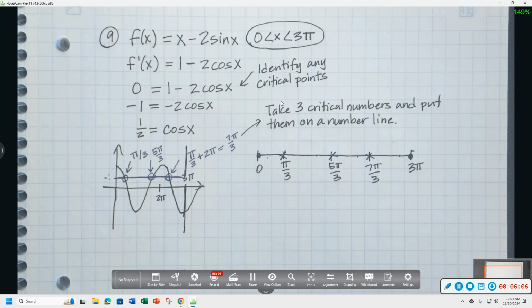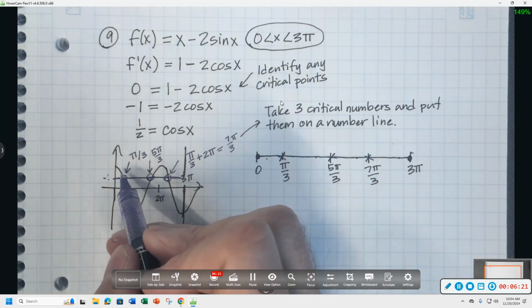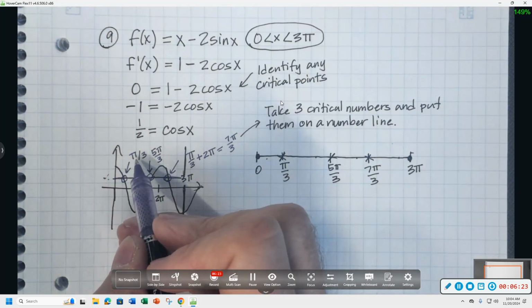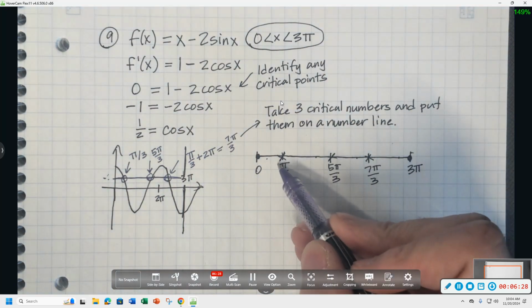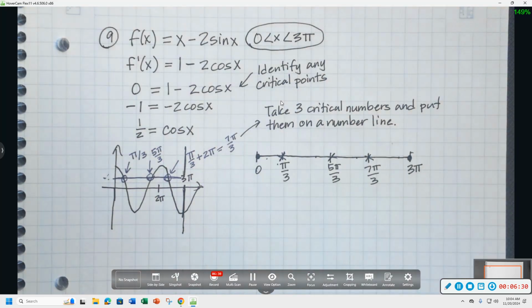Now, use the little graph that I drew to help us out here, right? So our derivative is 1 minus 2 cosine of x. So we got to think about this here. If I take values between 0 and pi over 3, what would be a good number to pick between 0 and pi over 3?